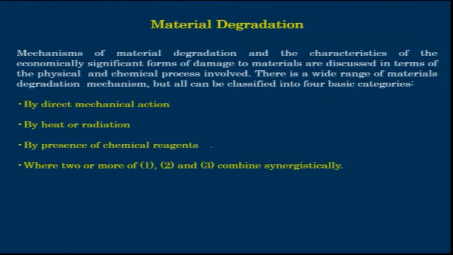So our interest would be mainly in these particular sections. Now, if we see all three, by direct mechanical action, by heat or radiation, by presence of chemical reagents, there could be a combination of two or more, or all three could be present. For example, erosion corrosion. This is a classic example of a combination of all three.